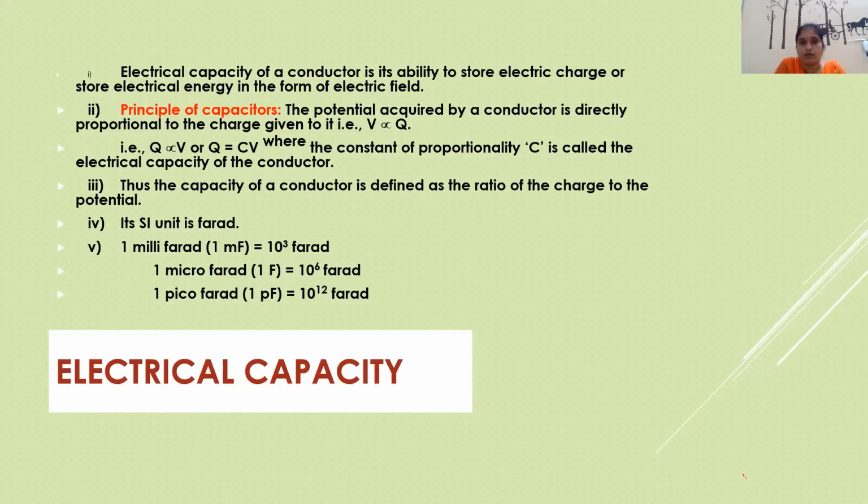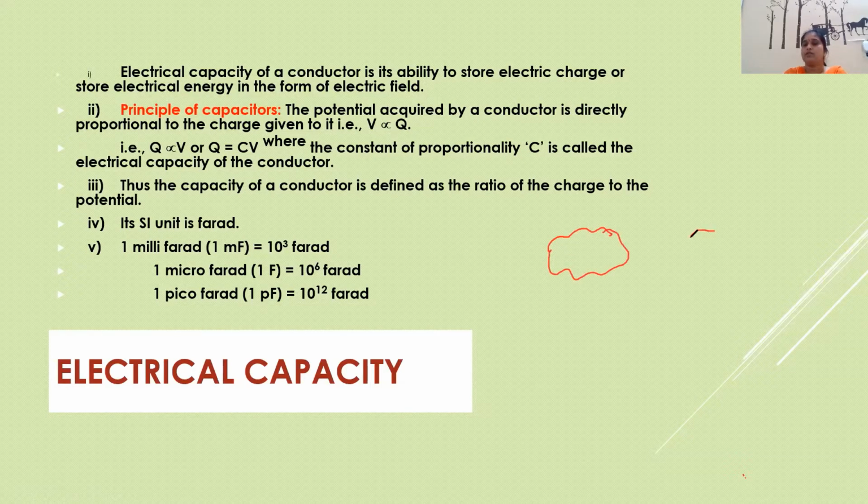To start off, let us go with the basic idea of a capacitor. What is a capacitor actually made up of? We have two conductors. It is a combination of two conductors.